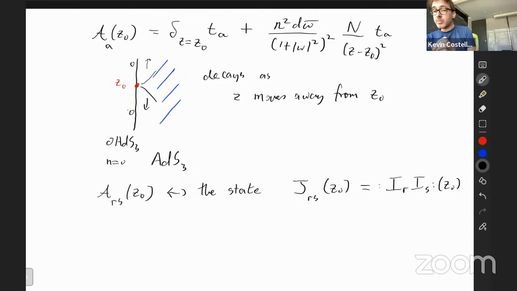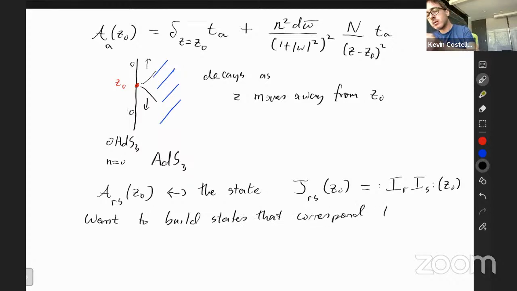So we'd like to also build the states that correspond to these symmetrized traces.